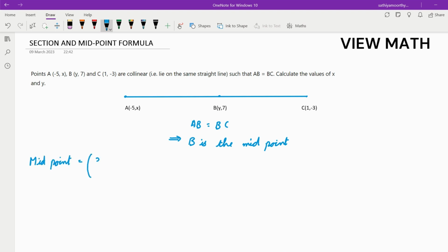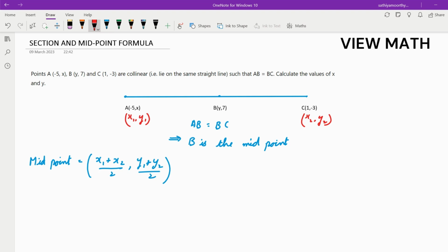formula is (x1 plus x2) by 2 comma (y1 plus y2) by 2. So here this is my x1 comma y1. This is my x2 comma y2. Now this is my midpoint y comma 7. Now let me substitute it.